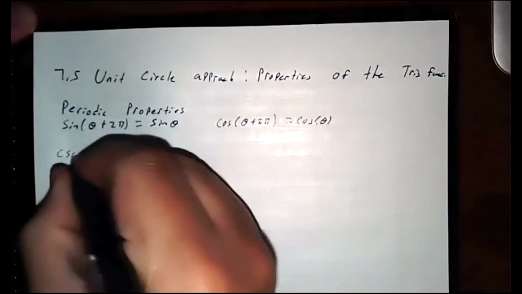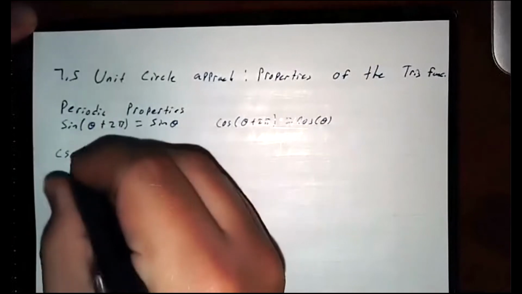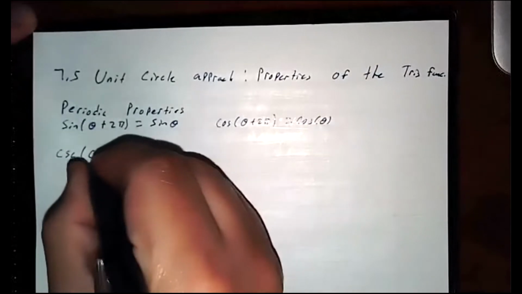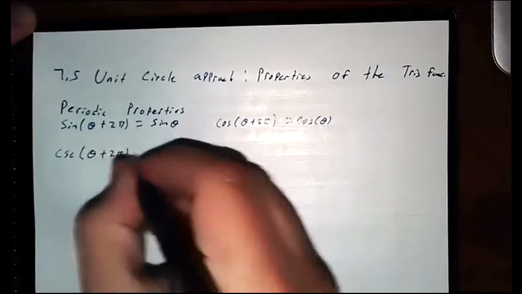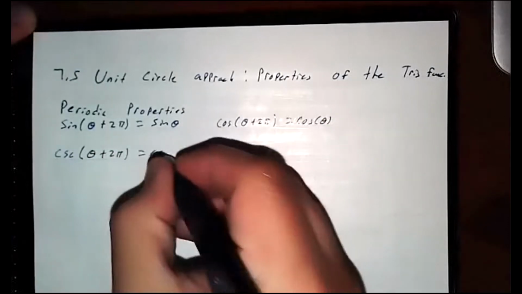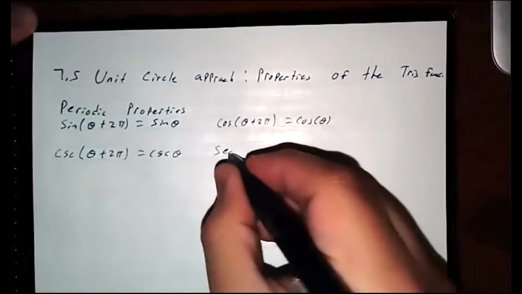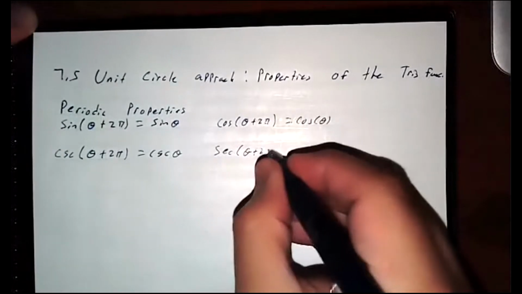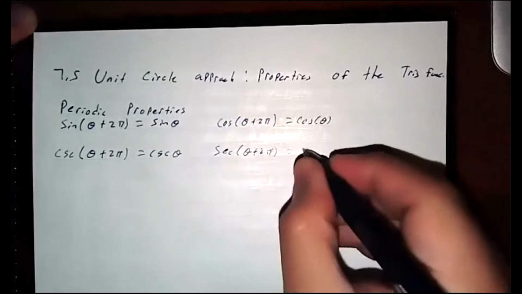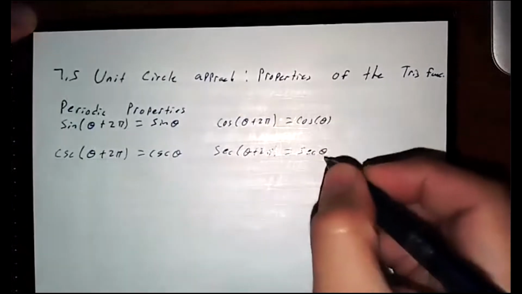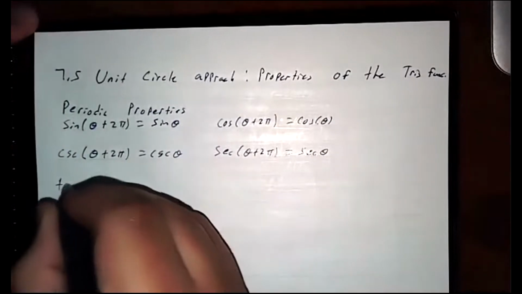Cosecant, same deal because it's a reciprocal of sine. So it's just cosecant theta. Secant, same thing, is equal to secant. Now tangent and cotangent are a little bit different.